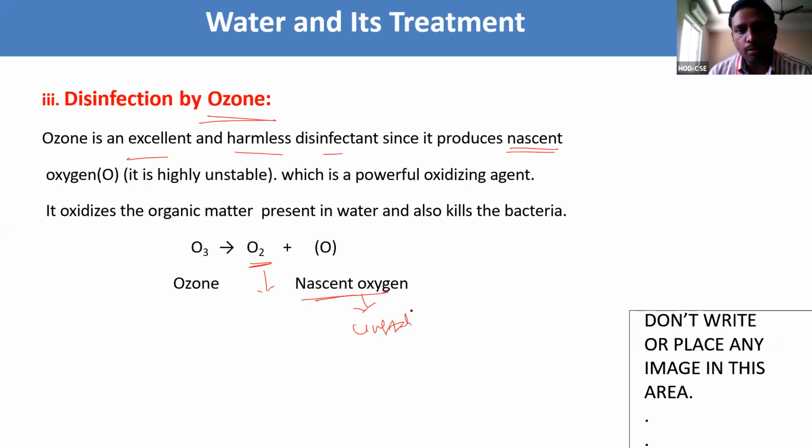This is the unstable form, while O2 is in stable form. The unstable nascent oxygen acts as a powerful oxidizing agent, which kills the organic matter present in the water and also kills the bacteria.